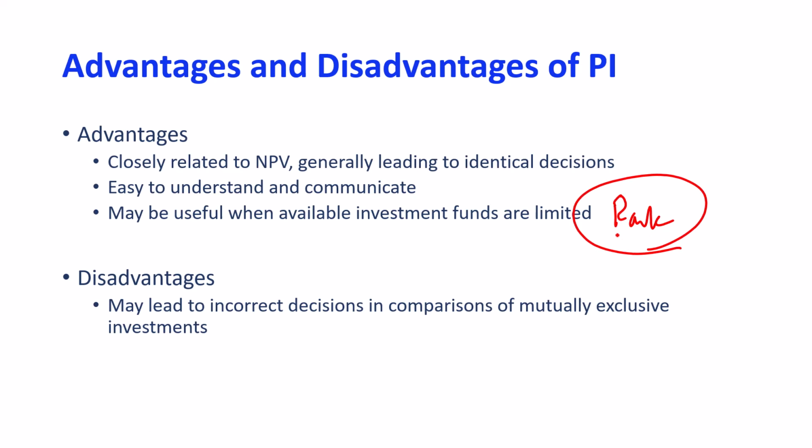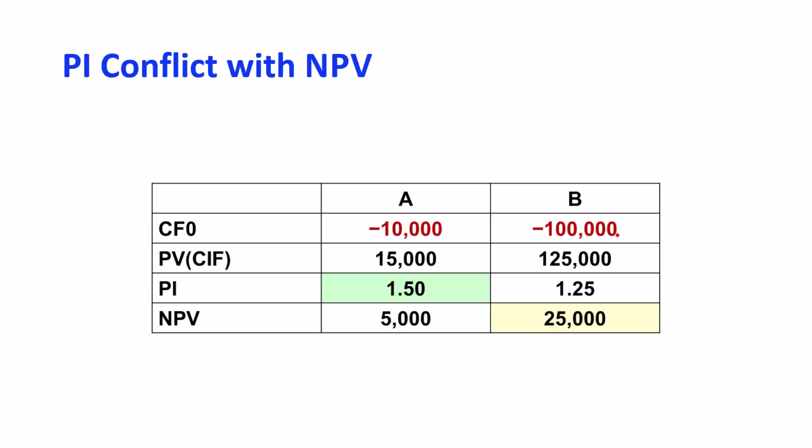The disadvantage is it may lead to incorrect decisions in comparisons of mutually exclusive investments. Like, for example, if you have two projects with significantly different sizes, it may lead to the wrong conclusion. So present value of the future cash flows for project A is 15,000, for project B is 125,000.